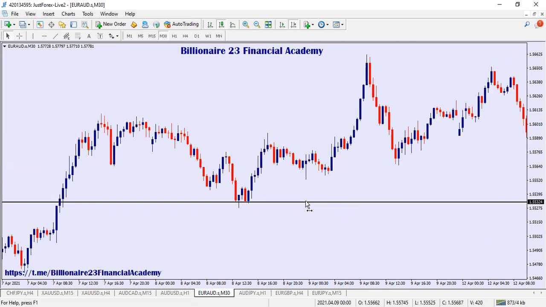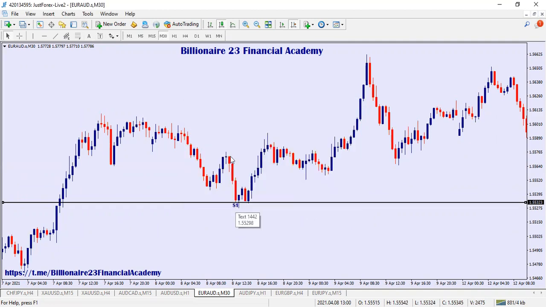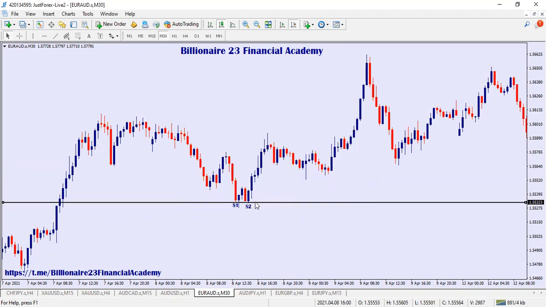So we're going to start with support and resistance flips. Right off the bat, we have support touch 1 here. We have support touch 2, right? Hope we can all agree.